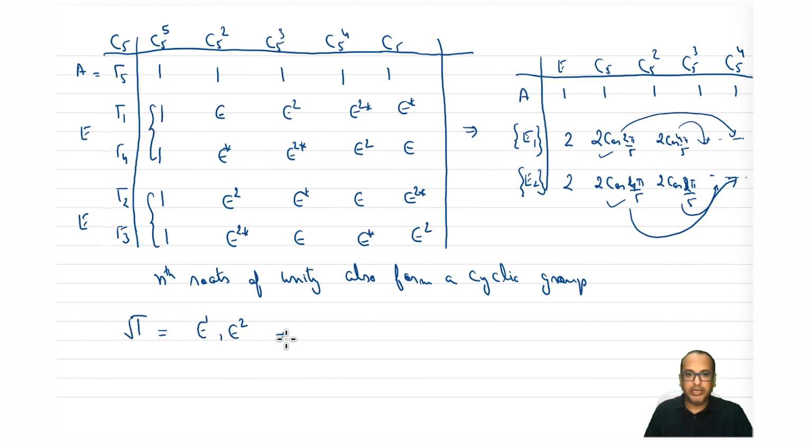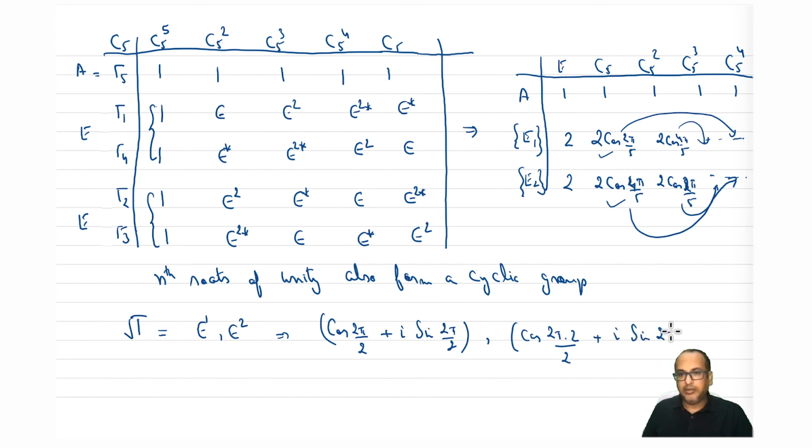So this would imply that my roots are nothing but cos 2 pi by 2, and here n is equal to 2, plus i sine 2 pi by 2. This is my one root, and the second root is cos 2 pi into 2 by 2 plus i sine 2 pi 2 by 2.